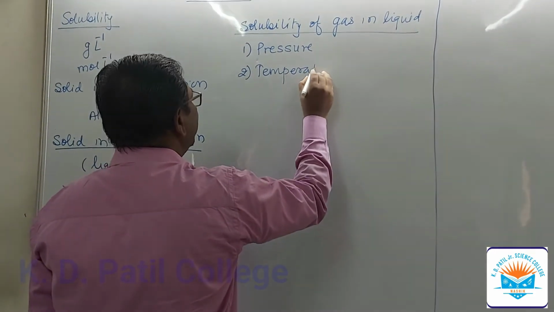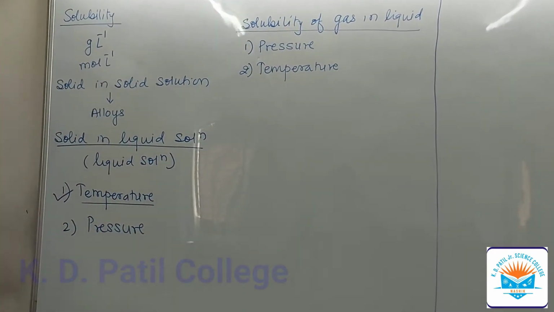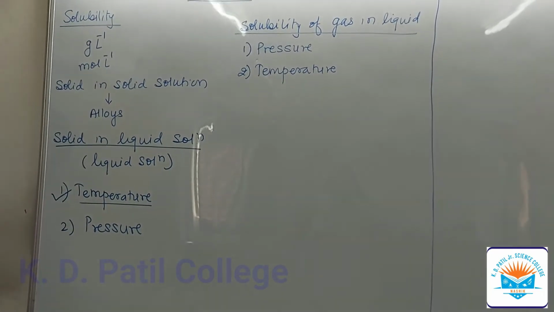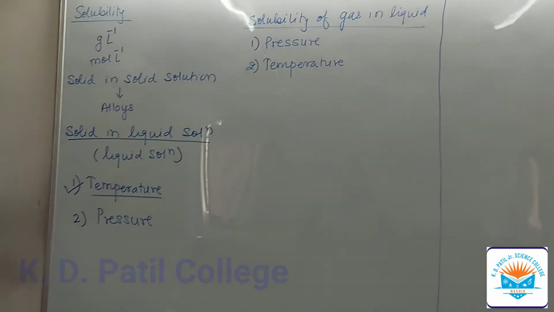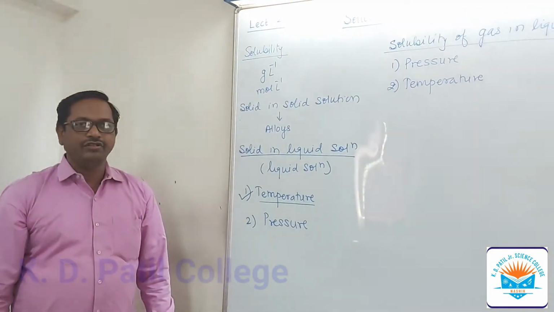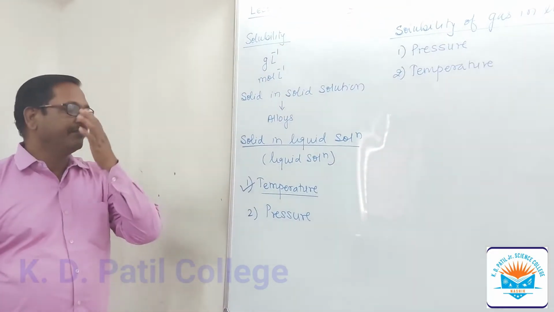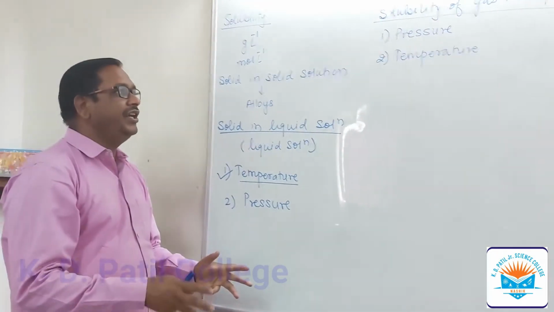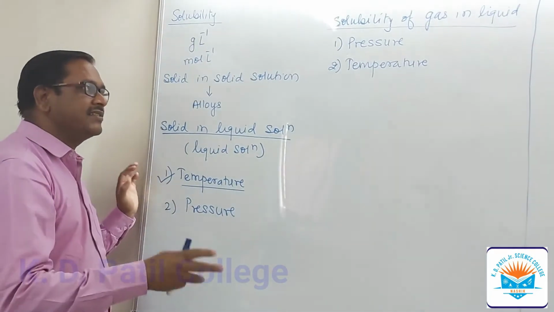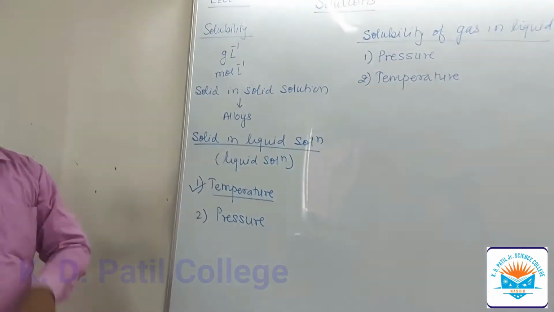Now what is the meaning of this? Solubility of gas in liquid. For example, in water, oxygen is soluble, carbon dioxide is soluble, and all other gases may be soluble in water. The solubility of gas in liquid is mainly affected by the pressure and the temperature.